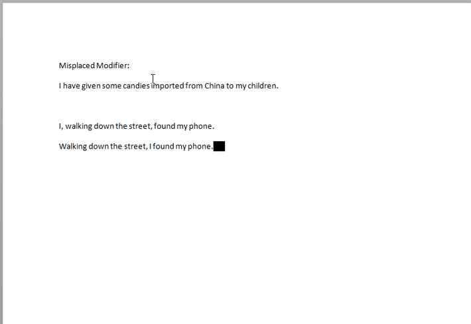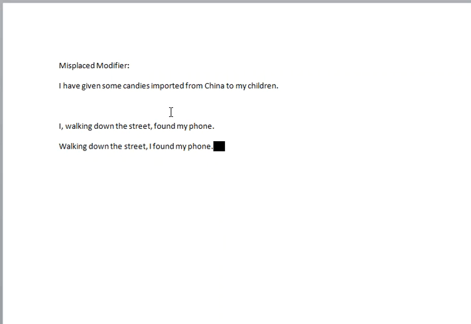And you can tell, or the indicator is, by looking at the meaning. From the meaning, you will understand that, okay, so I have given some candies to my children imported from China. I understand that I'm talking about candies, but wouldn't it be better to put this phrase next to its modified word, which is candies?